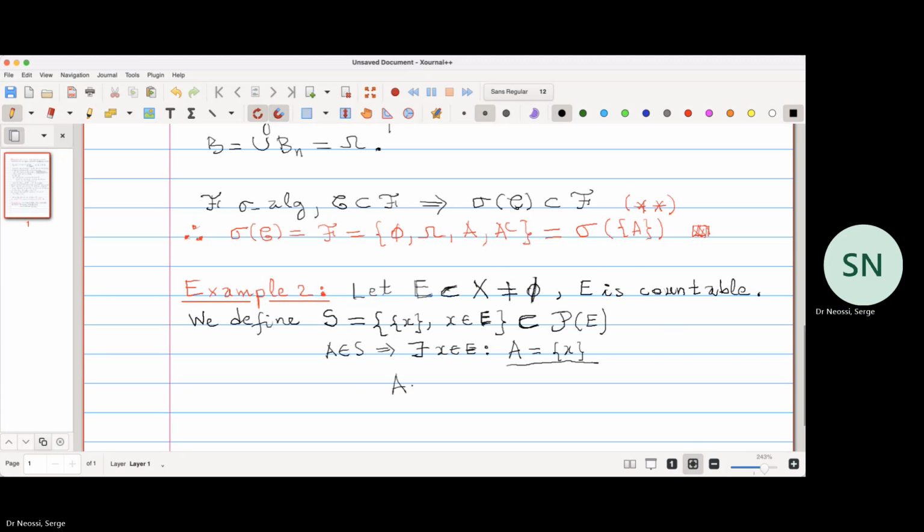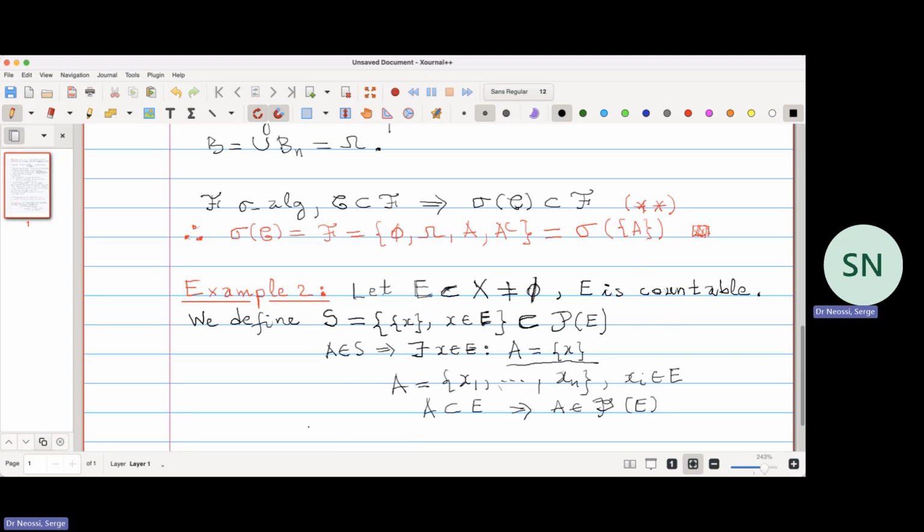So A can be finite, that is x1, maybe up to xn, where all these xi are elements of E. So A will be a subset of E, so A is contained in E. If it's contained in E, it means that it is an element of the power set of E. So it can be finite, it can be infinitely many.